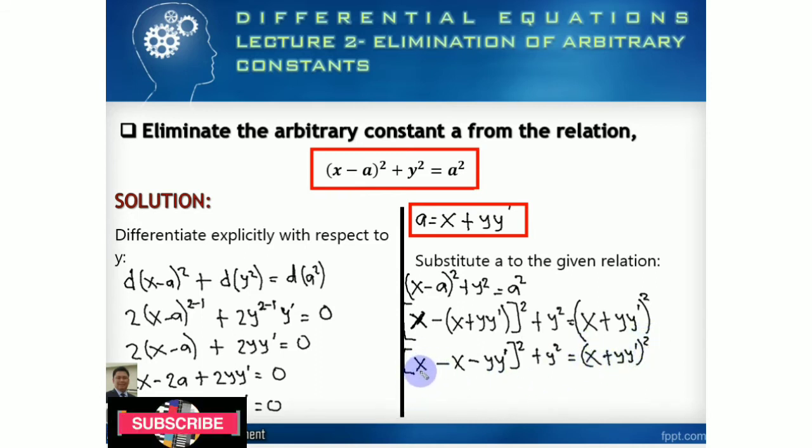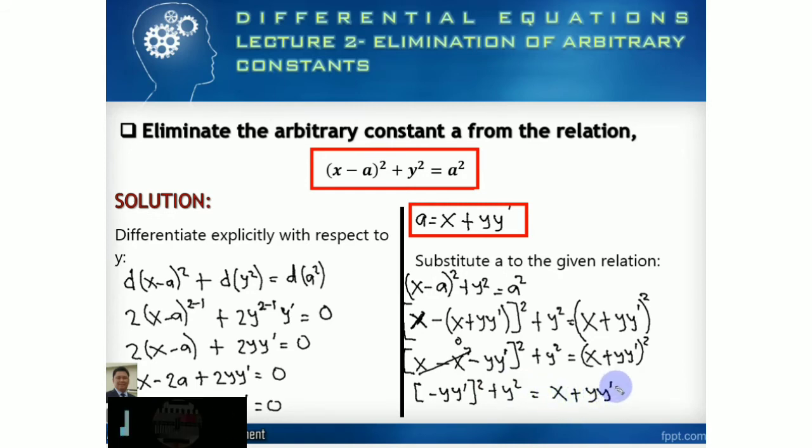So this one, x minus x, will cancel out. So this would become now minus negative y prime raised to the power of 2 plus y squared is equal now to x plus y prime raised to the exponent of 2.